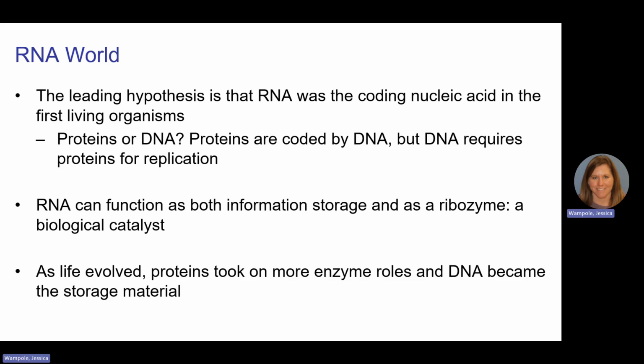When you think about hydrogen bonds holding those double helix strands together, a single hydrogen bond is pretty easy to break, but a whole bunch of hydrogen bonds is not so easy to break. They're really strong all together. And so DNA as a double helix is much more stable than RNA. Because RNA is single-stranded, RNA is generally less stable.